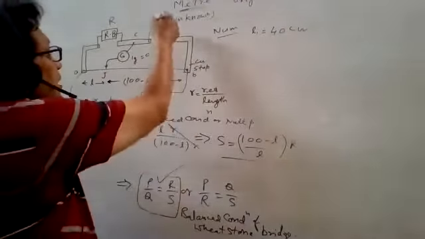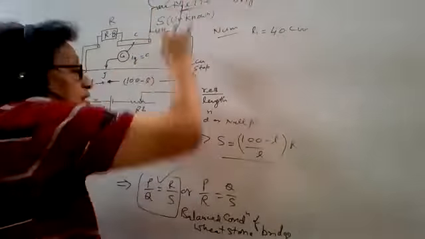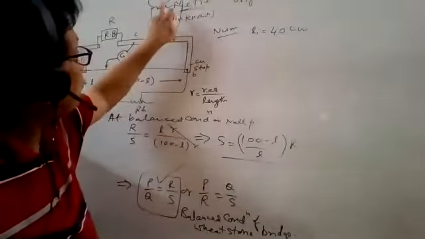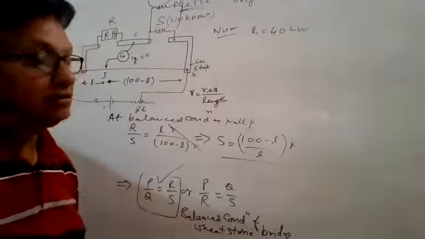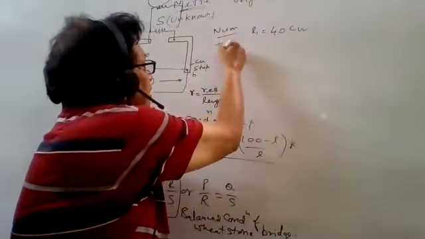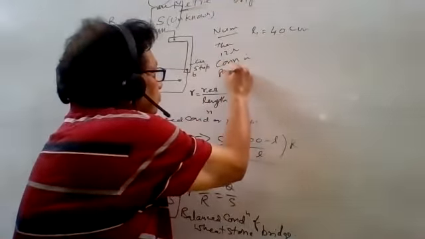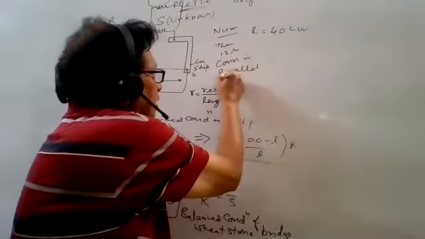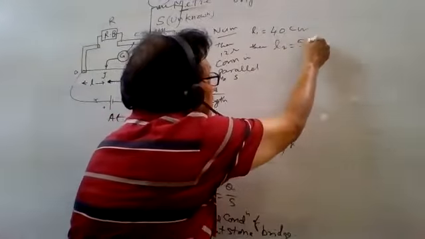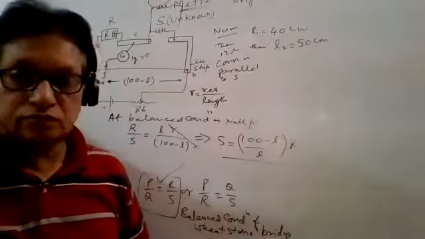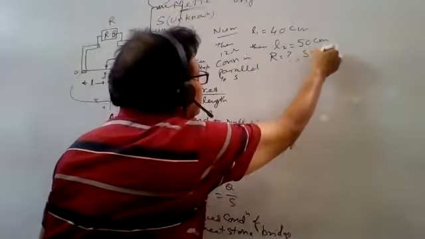In the second case, this 12 ohm resistance is connected in parallel to the unknown resistance S, then L2 length comes here 50 centimeters. Find out R and S both.